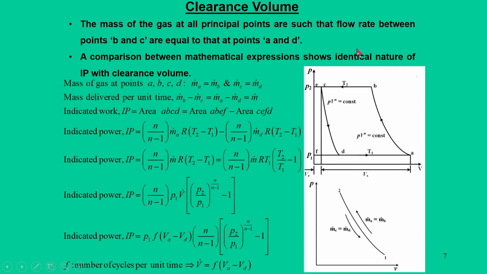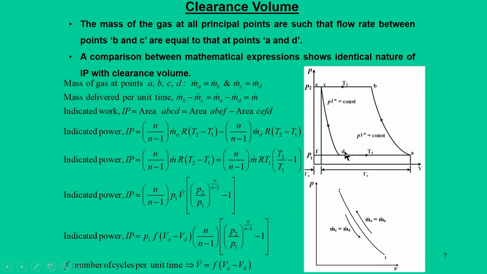Now, let us see some mathematical insights: what happens to our indicated power calculations if there is a clearance volume. First, we have to calculate the mass of the gas at the important points A, B, C, D, and we have already proved that m dot A is equal to m dot B and m dot C is equal to m dot D. So, the mass delivered per unit time will be m dot B minus m dot C, which is equal to m dot A minus m dot D. That is m dot, the mass that is actually delivered per unit time.